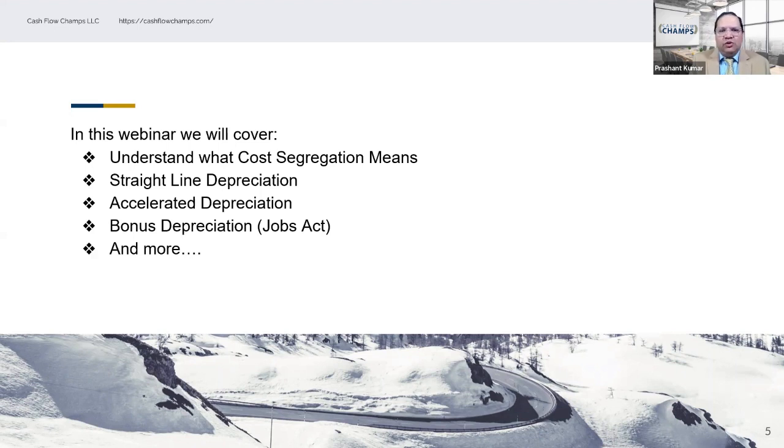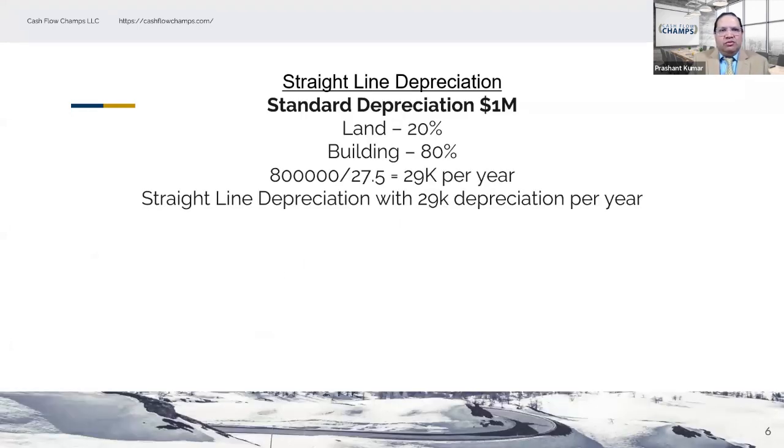So let's start with straight line depreciation, what it really means. If you are buying an asset which is, for example, $1 million, you have the building, which is approximately 80%; land is not depreciable.